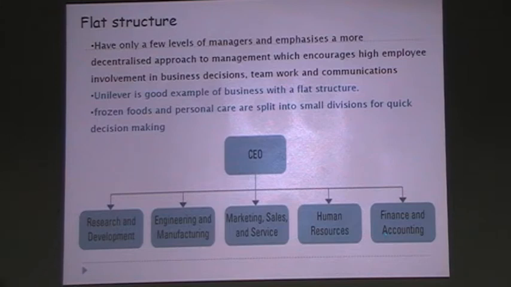The CEO, who is the owner of the business, can easily communicate with the research and development division, and vice versa. The finance and accounting division can easily communicate with the CEO and with each division to iron out the problems and look for solutions to difficult situations.